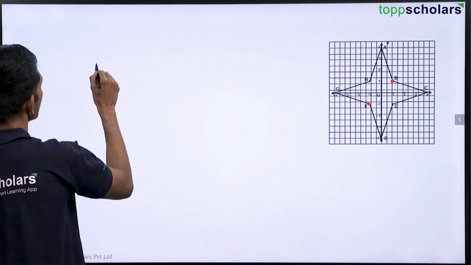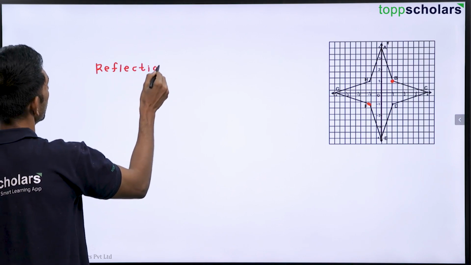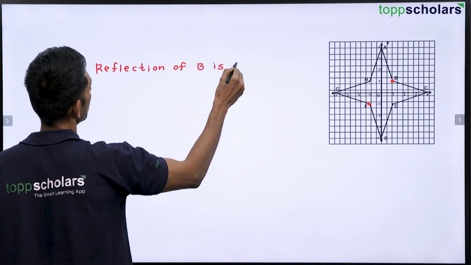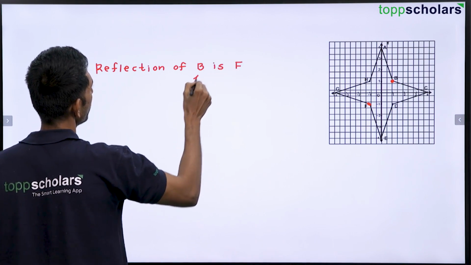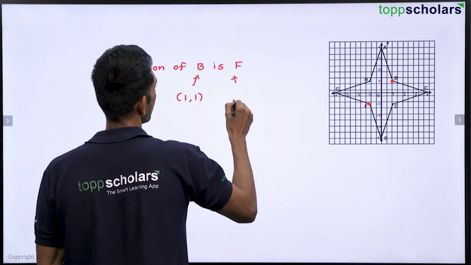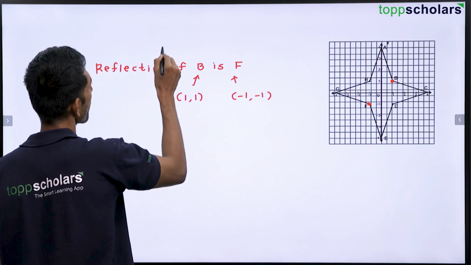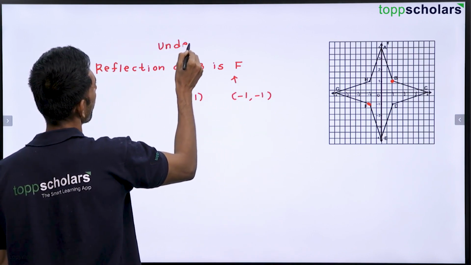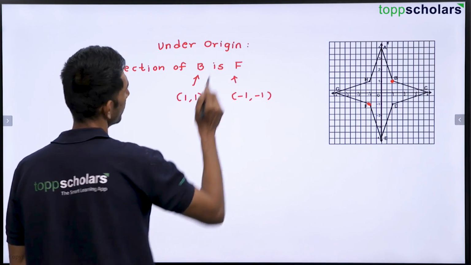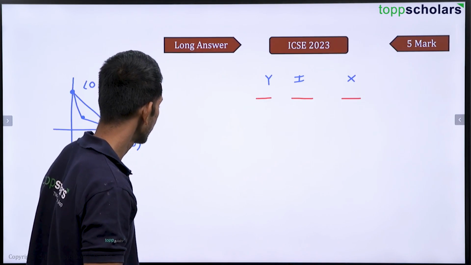So we can say reflection of B is F. What is B? B is 1, 1. What is F? F is -1, -1. This is under origin, right? Simple. So this part is also done.